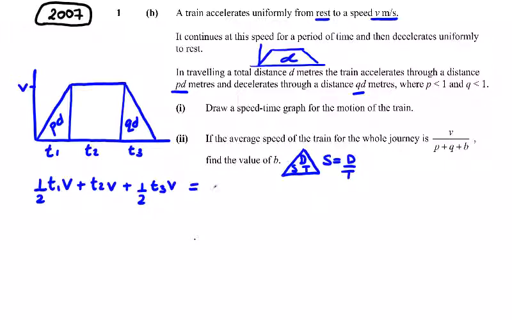All of this is equal to d. So we know half t1 times v is the area, which is pd. So that would give t1 to be 2pd over v.